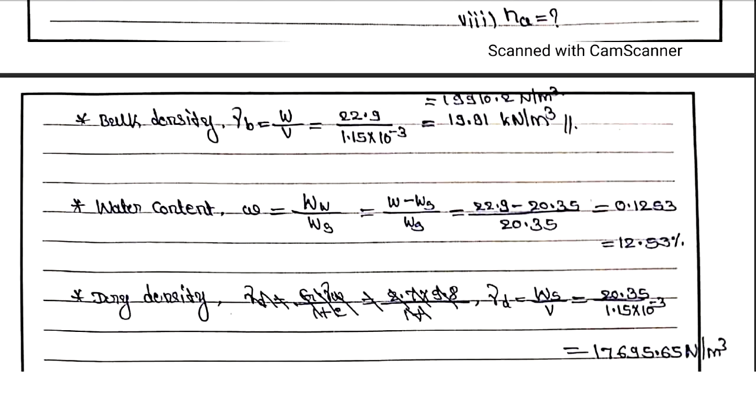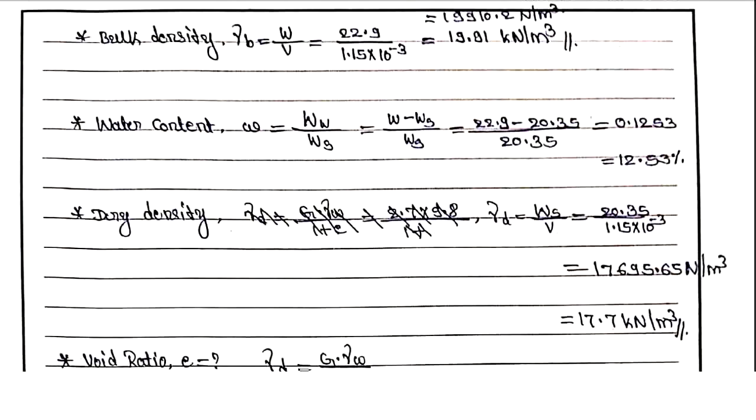So water content is weight of water divided by weight of soil solids, which is equal to 0.1253, that is 12.53%.